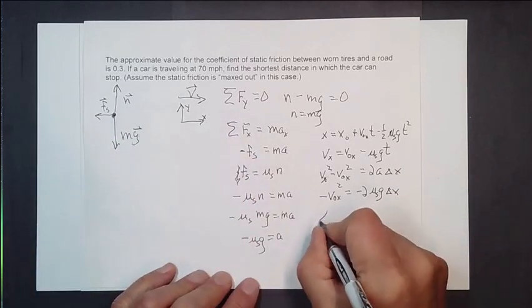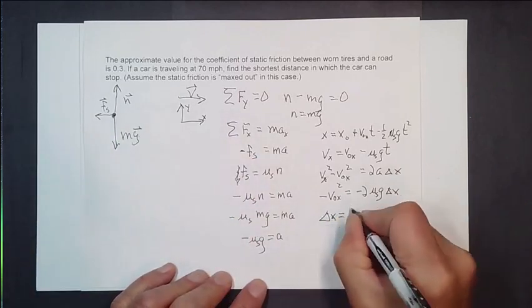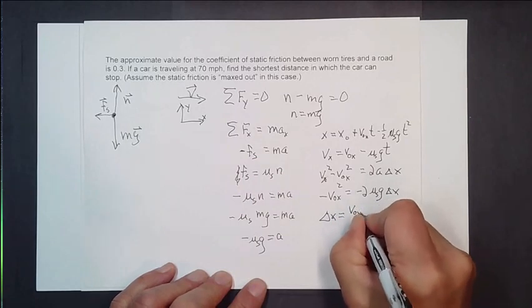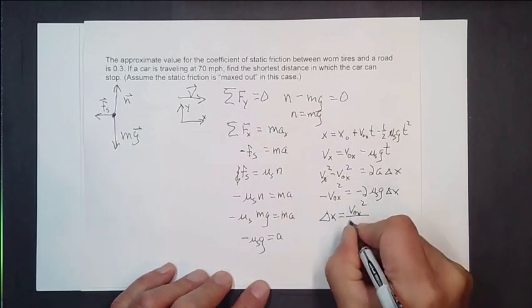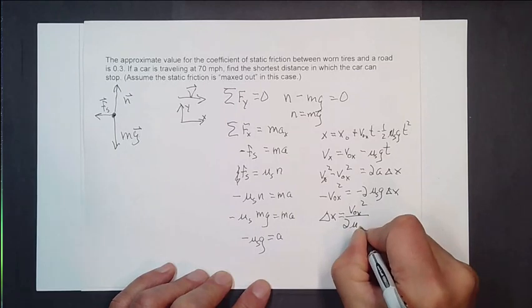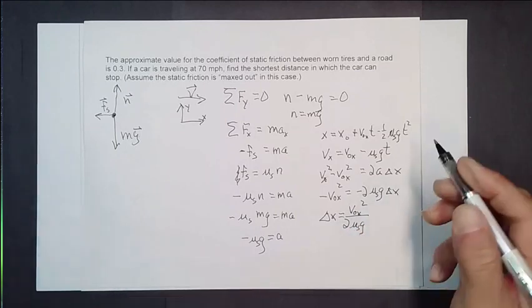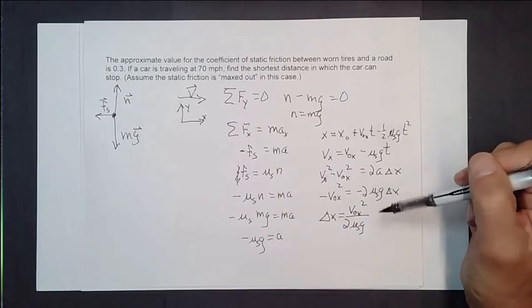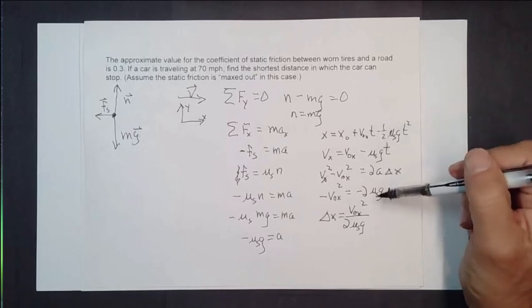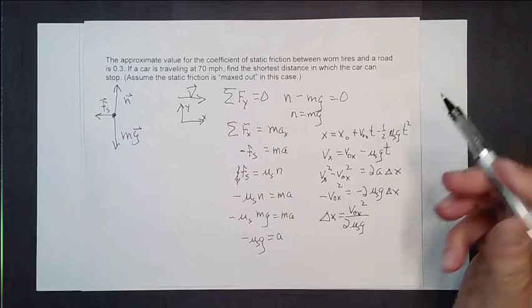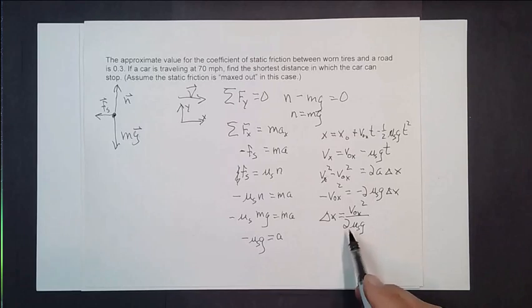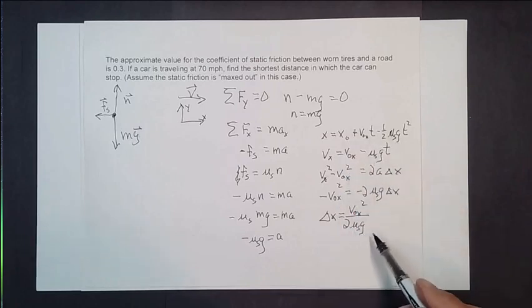So delta x here will equal v naught x squared over 2 mu sub s g. Notice how we're continuing to use those one-dimensional equations of motion. It's a two-dimensional problem, but we split it into components, and we use these things again and again and again.